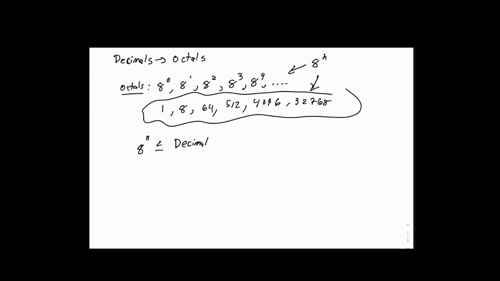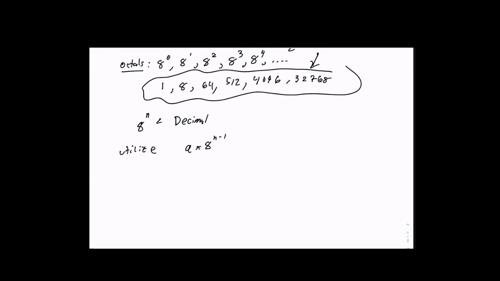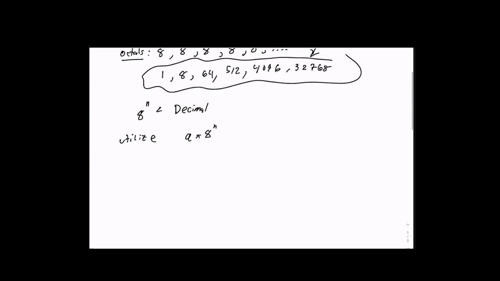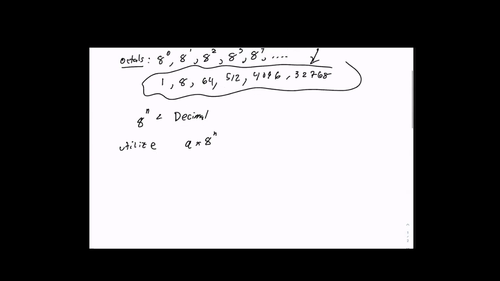You want to find a number that is less than the decimal, and then you will utilize a times 8 to the n, sorry, to the n minus 1. Right there.